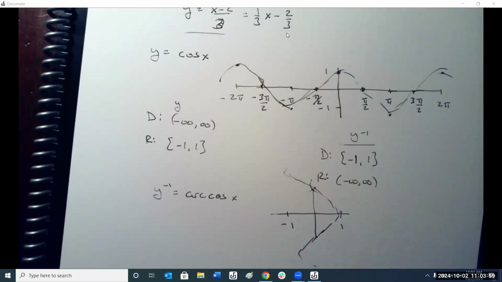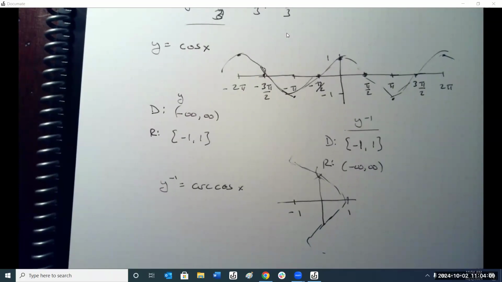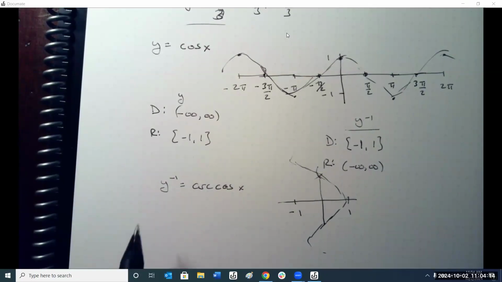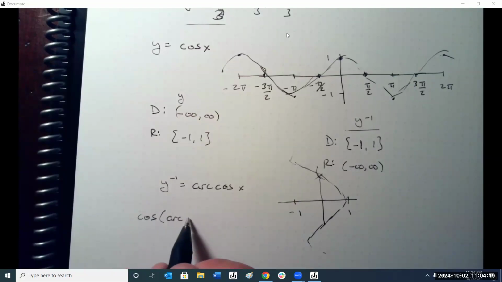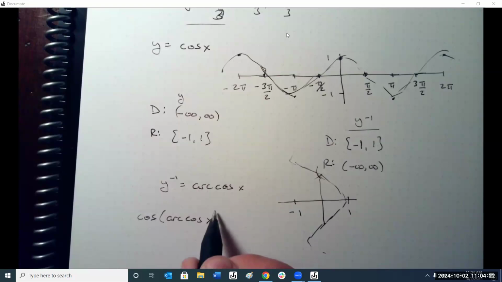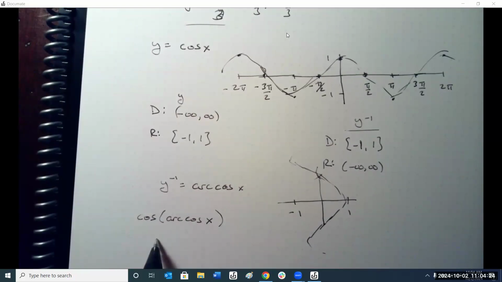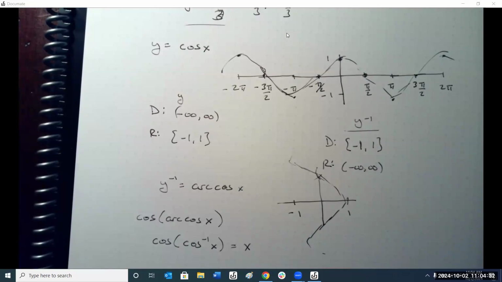Instead of having to derive each of these, what we're looking at now is just the formula for it. Note also that if we do a composite function, the cosine of the inverse cosine is equal to x, because they are inverses, and that's a property from algebra.